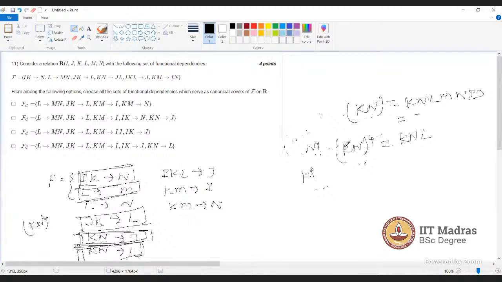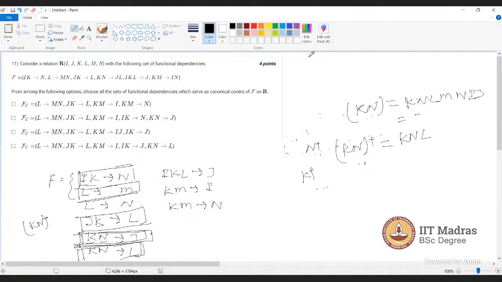So if we remove the first extraneous attribute, say IKL determines J, in that functional dependency, L is extraneous. Clearly we can see that, right? So if we remove that extraneous attribute, then we cannot get J from K closure.